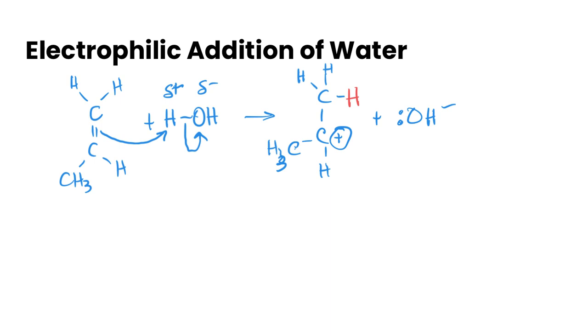So we've generated our nucleophile, which will then attack the positive center of our carbocation to create our final product. So let's just draw in our final product here. We got an H, and then we have an H added here and an OH here.